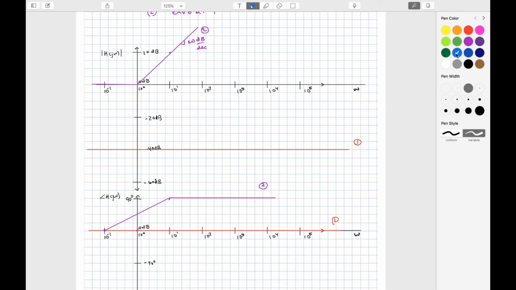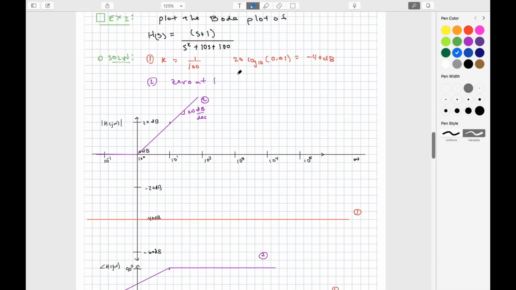And then finally, I have a second order system, which is s squared + 10s + 100, which has omega n equal to 10. All right, so this is going to have a magnitude contribution which starts at 10 to the 1, or 10, and then goes down at negative 40 dB per decade.